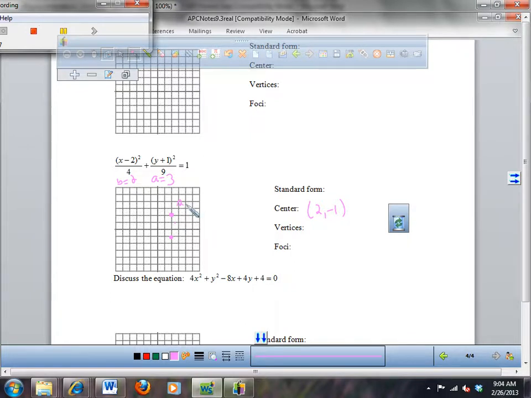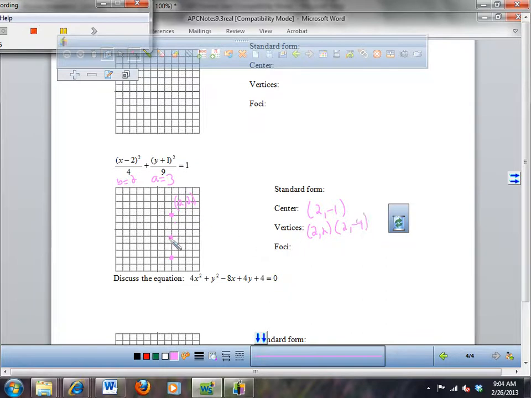Is that right? 2, 2. Yeah. And then I'm going to go down 3 from that point. 1, 2, 3. So that's one vertex at 2, comma 2, and another one is at 2, comma, subtract 3 from negative 1, negative 4.